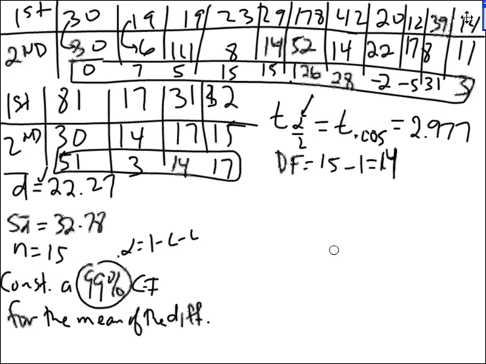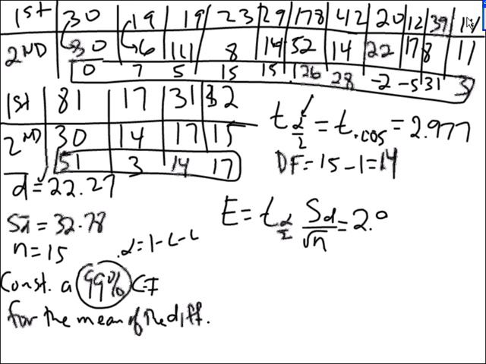Now we need that to find E. Our goal right now is to find E. And remember that E is equal to t alpha over 2 times s sub d over the square root of n. So we have everything.